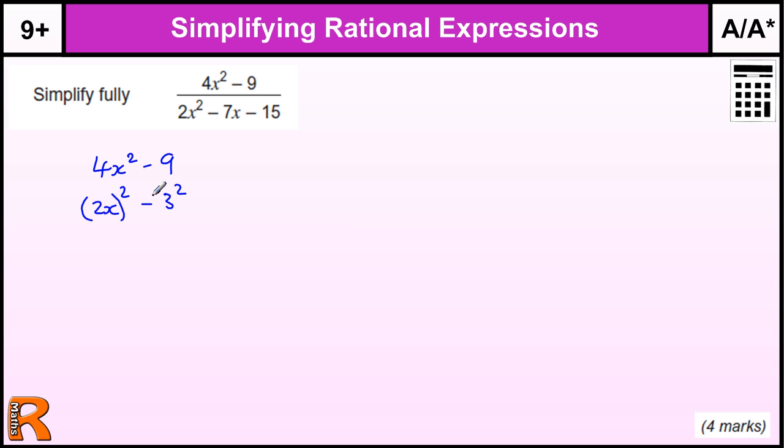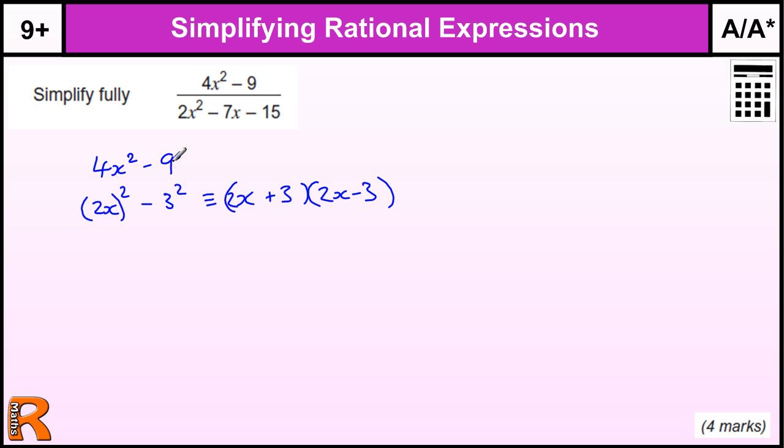Now when we've got two square numbers subtracted, it can be written as the brackets where we have 2x plus 3, so the things that we are squaring can be added, and then times by them subtracted. So that's the quick way of factorising that if you can spot it. It's not easy to spot.